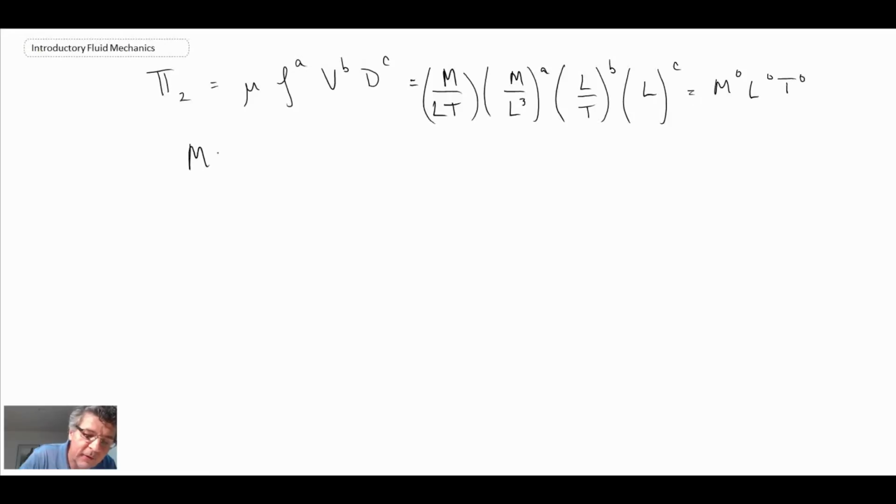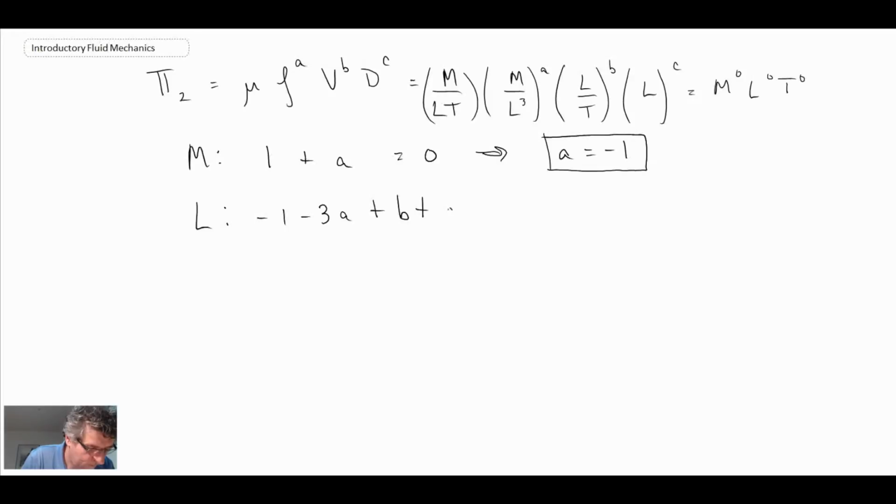Again, going through each of the primary dimensions, we start with mass. What we have on the left-hand side is a 1 plus an a, and on the right-hand side, that's a 0. So from that, we get a is minus 1. Looking at the length, again, we can't conclude anything.